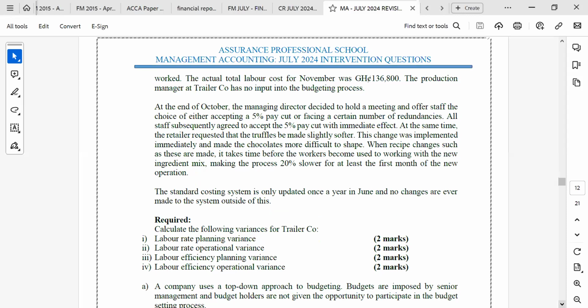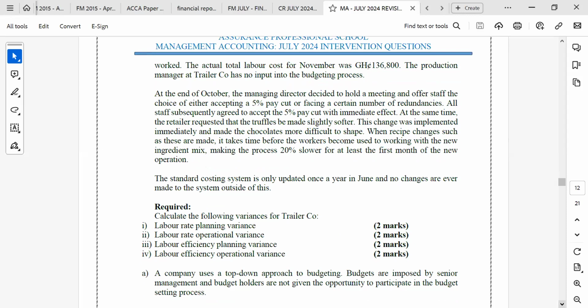No changes are ever made to the system outside of this. Required. Calculate the following variances for the company: labor rate planning variance, labor rate operational variance, labor efficiency planning variance, and labor efficiency operational variance.